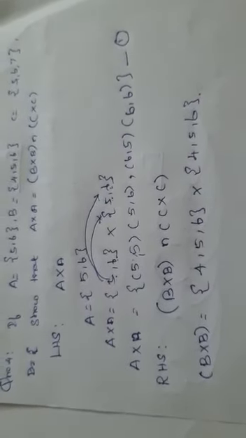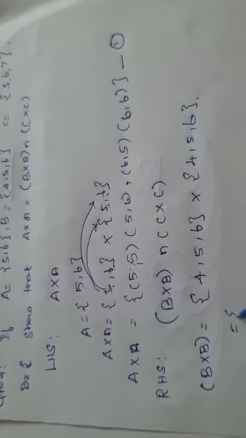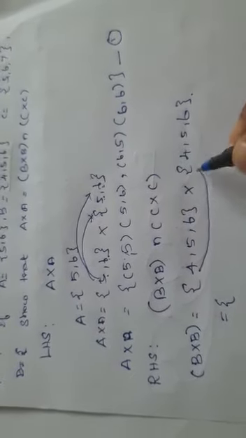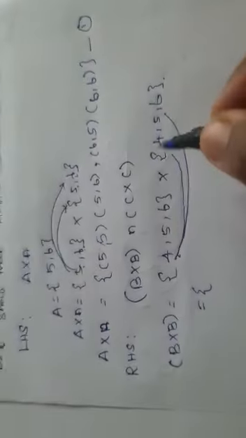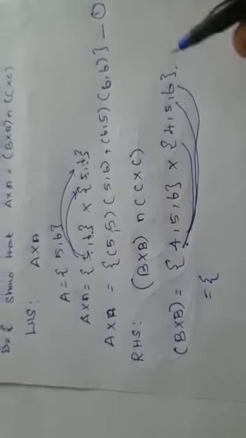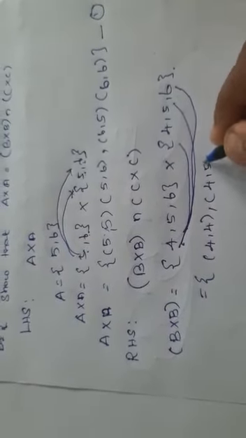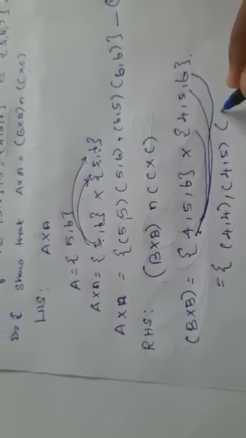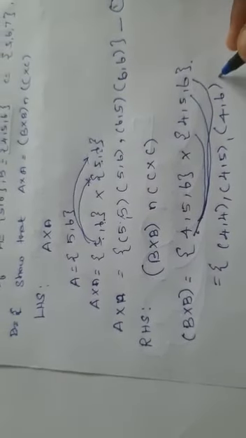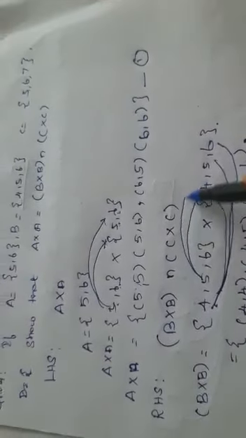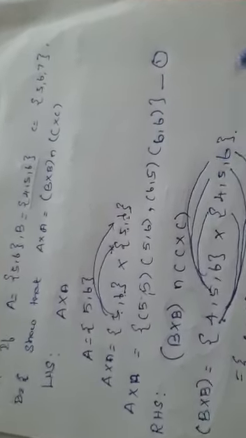So now you have to find the Cartesian product for two sets. First we'll take the 4 and write ordered pairs with the second set. So it is (4,4), (4,5), next (4,6). Next we'll take the 5 and write the ordered pairs with the second set.